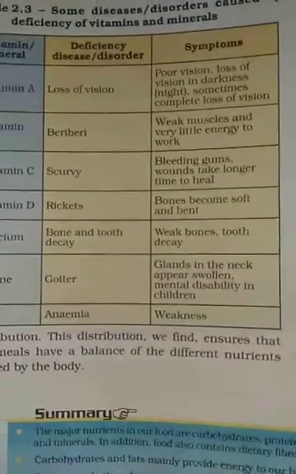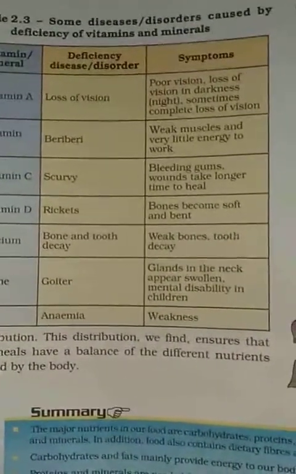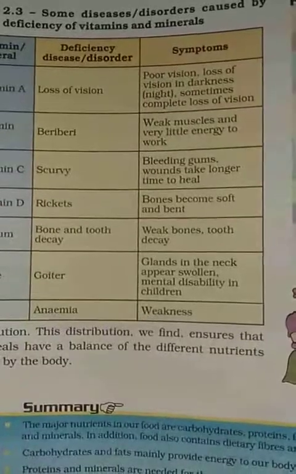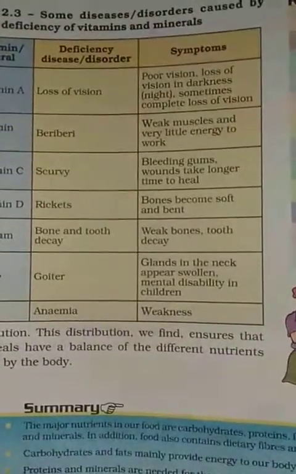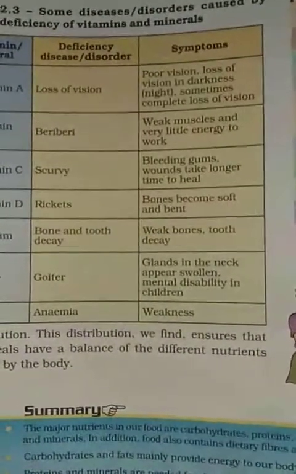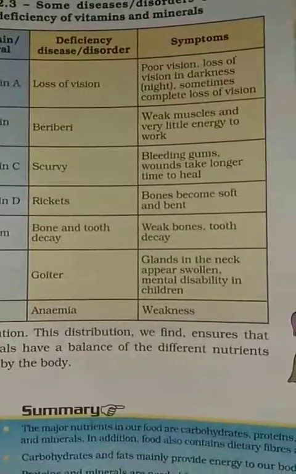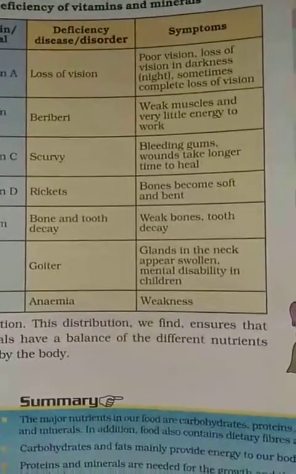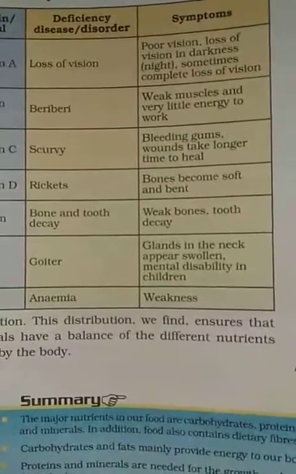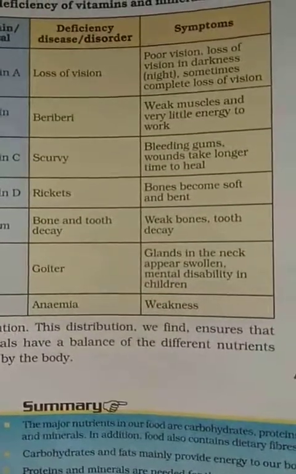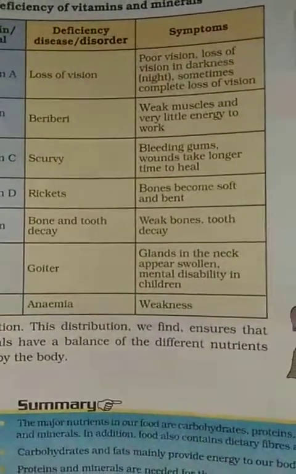minerals. If our body is low in vitamin A, then what will be the deficiency disease? We will lose our vision, meaning we cannot see properly with our eyes. Symptoms: how will you understand that your body is lacking vitamin A?